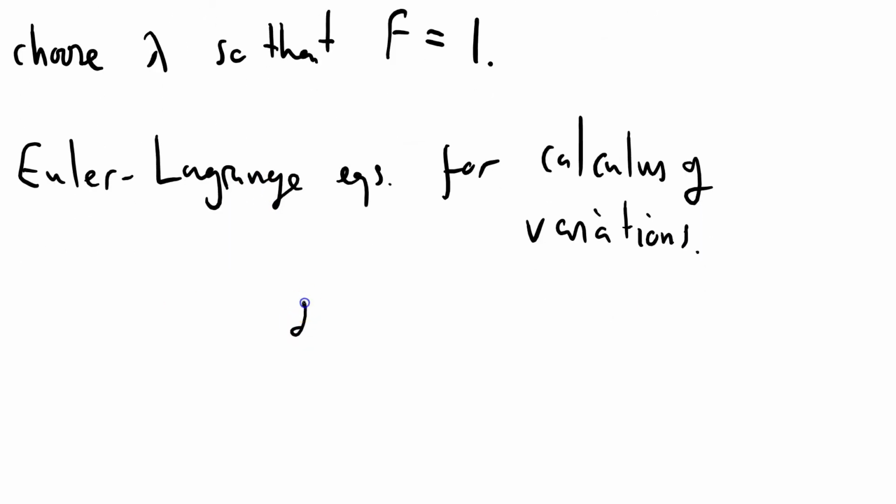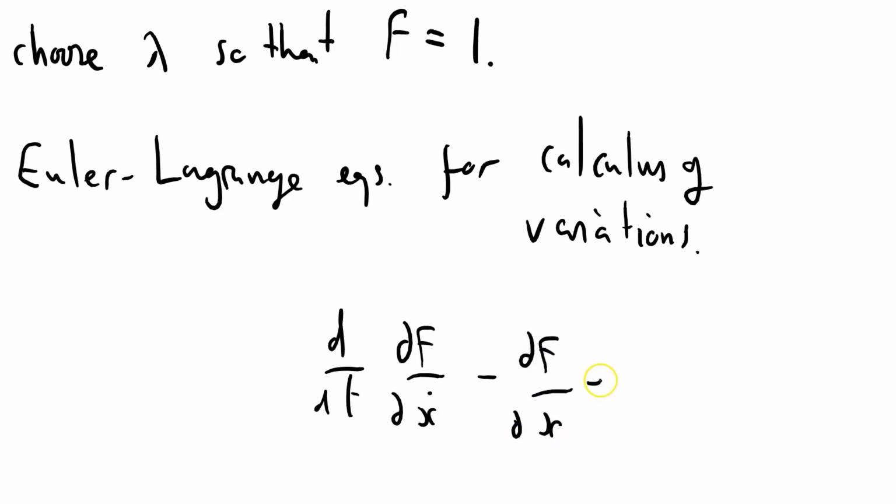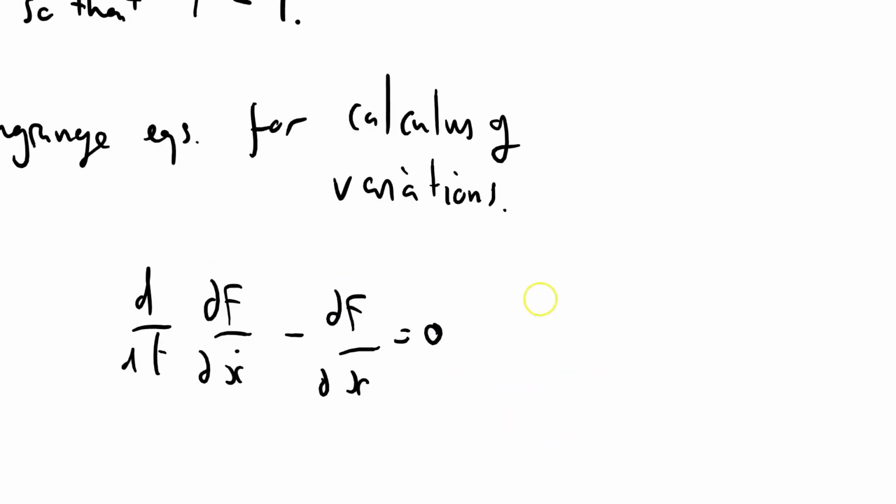The classic form of it, this is the one I was taught anyway, is d/dt of ∂F/∂ẋ minus ∂F/∂x equals 0, where F is some function of x and ẋ, and possibly t as well.